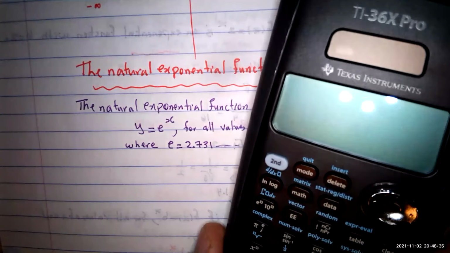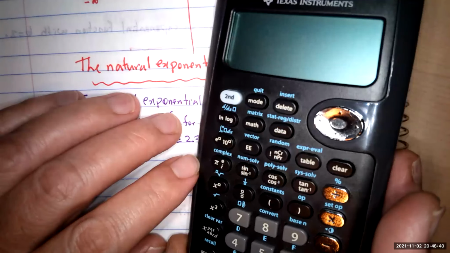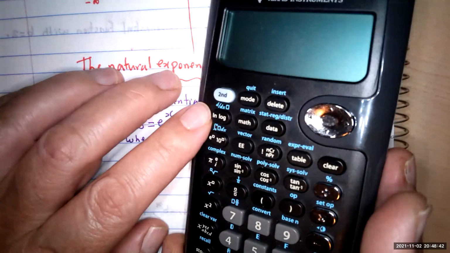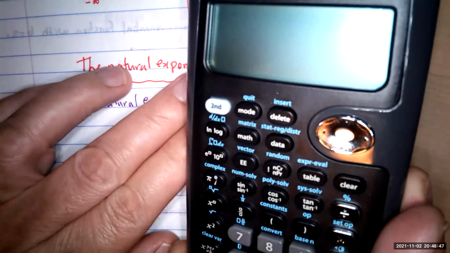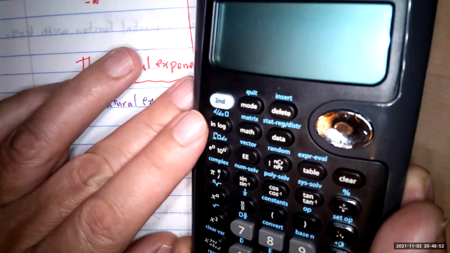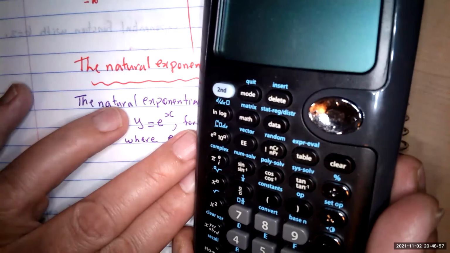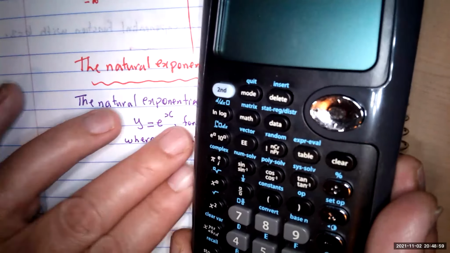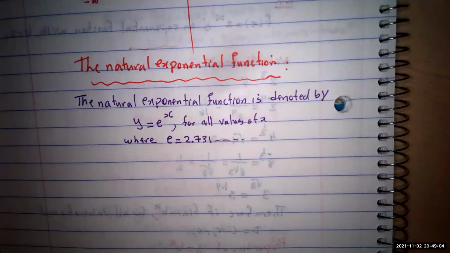On the calculator you consider the ln function; you click on the second function and you get e to the x on the usual calculator. So you should be able to evaluate it and work with it, and we are going to give you various examples.